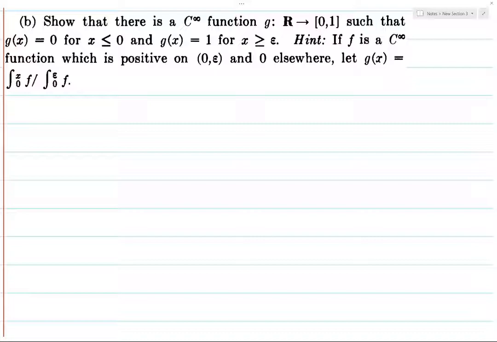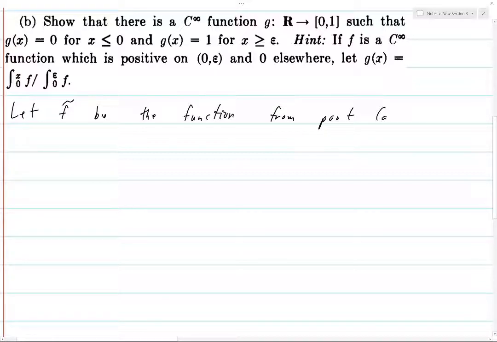Now, the way that we're going to construct this function f is using the function f from the previous part. But of course we can't call that f, so let's let f tilde be the function from part A. Here, let's write it like this.